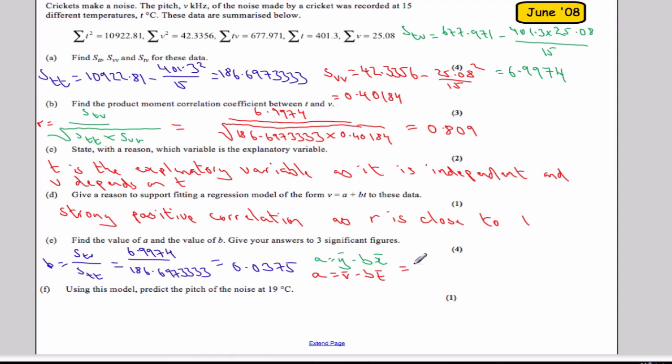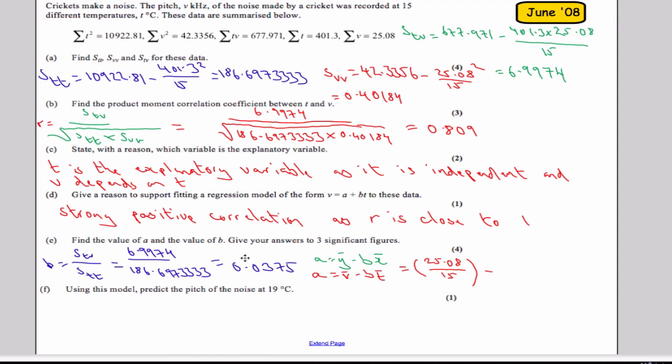So that's going to be calculated by doing, let's see, V bar is calculated by doing the sum of V divided by 15. That gives me the mean of V. So I'm going to do 25.08 over 15. That's my V bar.